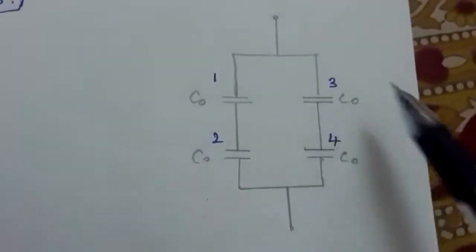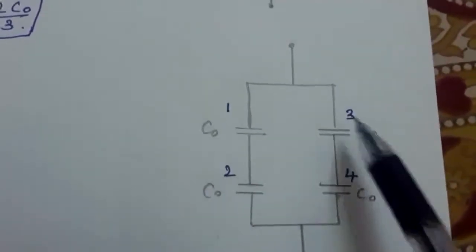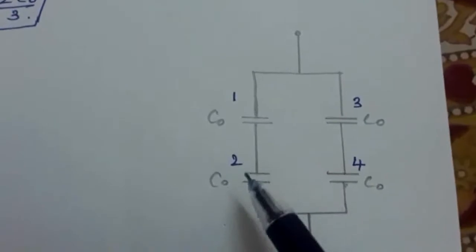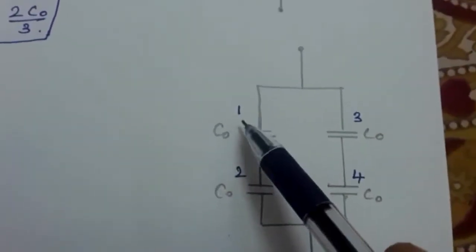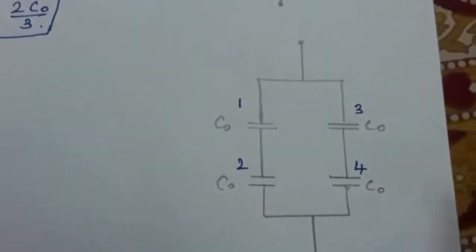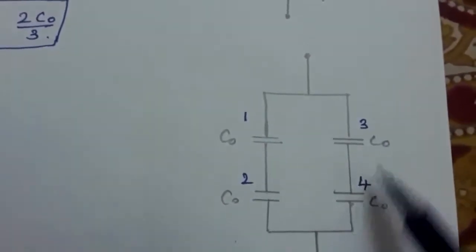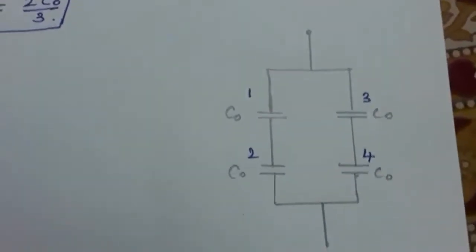In the second diagram, four capacitors are there. Here 1, 2, 3, 4. Each has a capacitance value C0. For our convenience, we are naming them 1, 2, 3, 4. Here 1 and 2 are in series, and 3 and 4 are in series.